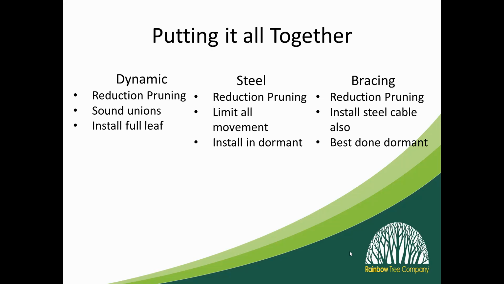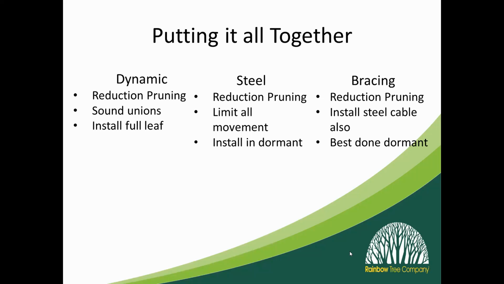They're all give and take. There's not a great option. If you're bracing, it's pretty much the only option we can do, the last line. We do dynamic first because that's proactive, before something gets bad. Reduction pruning really should be your first, if there are inclusions and such.